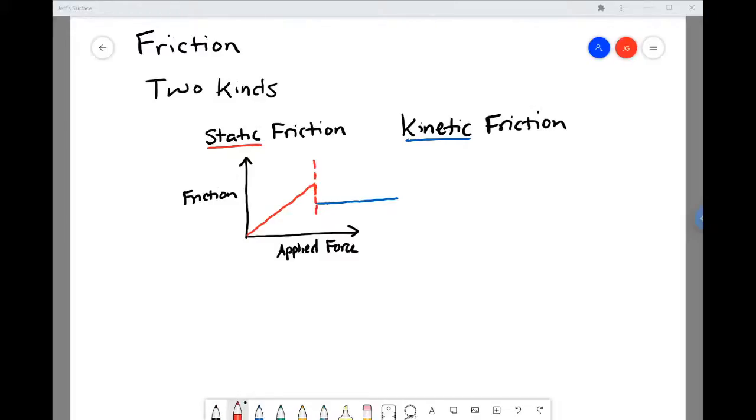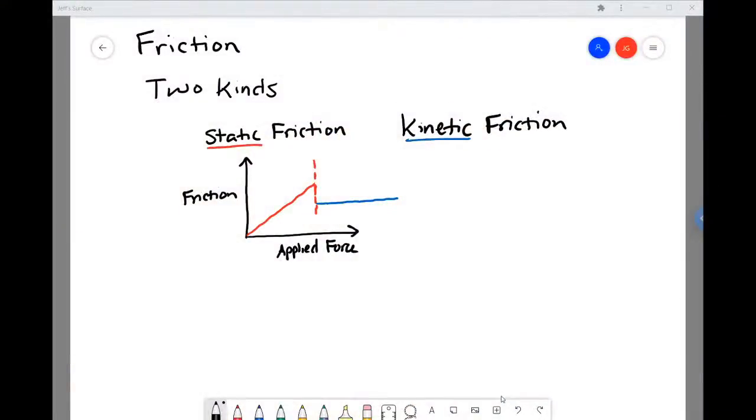So as the applied force increases, you could have one or the other of these types of friction, and the force laws are different. When I say force law, I mean the mathematical expression that describes the magnitude of these forces. It's very similar, actually, but it's different in one important way.